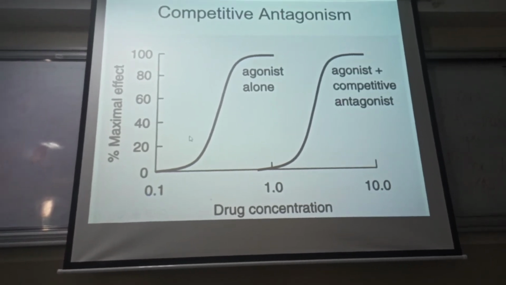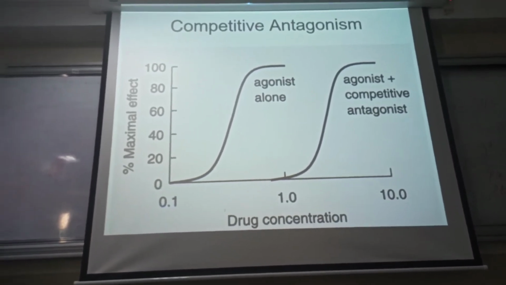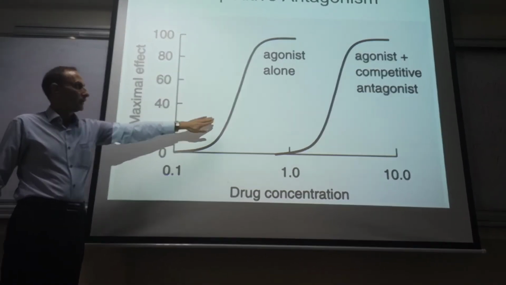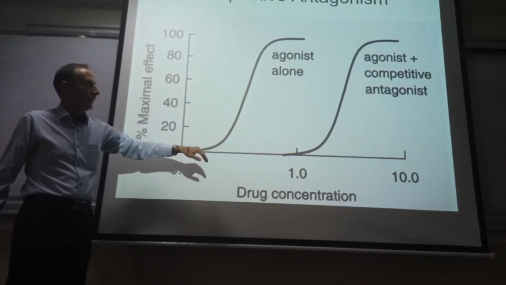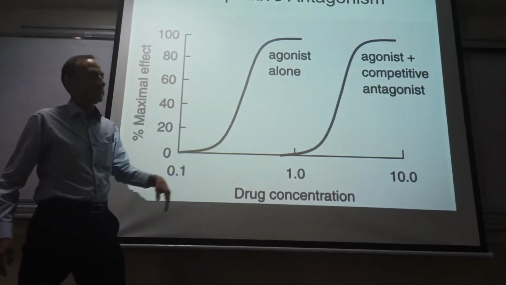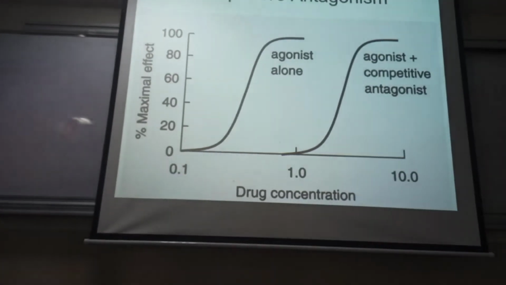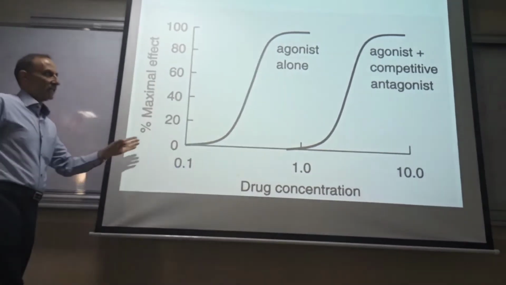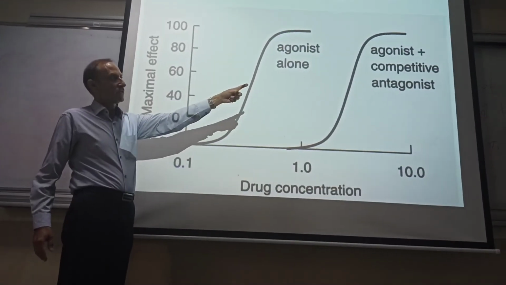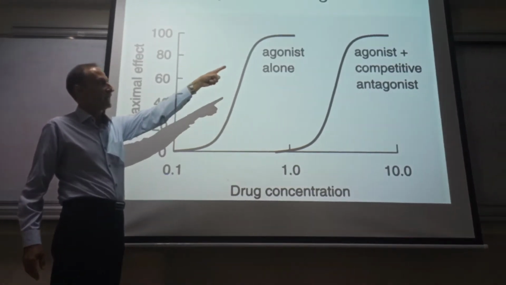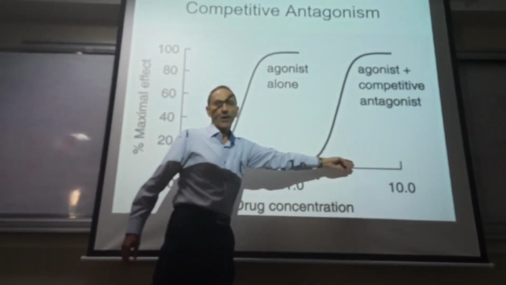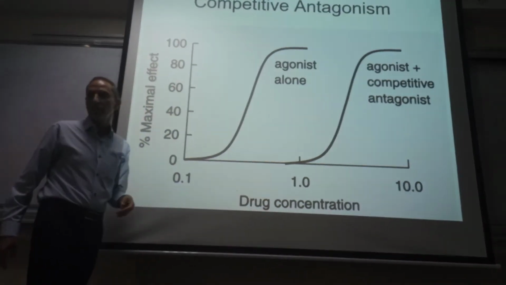Here, you see agonist alone, this part, and here we have agonist and competitive antagonist. You see that in the presence of competitive antagonists, we can have the same action, but with a higher concentration.